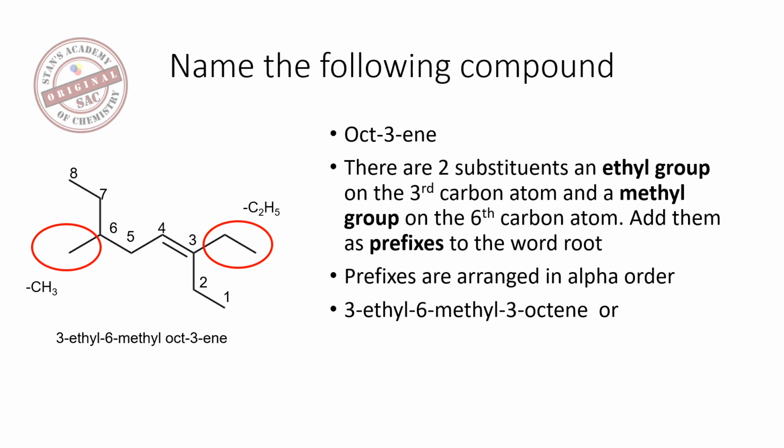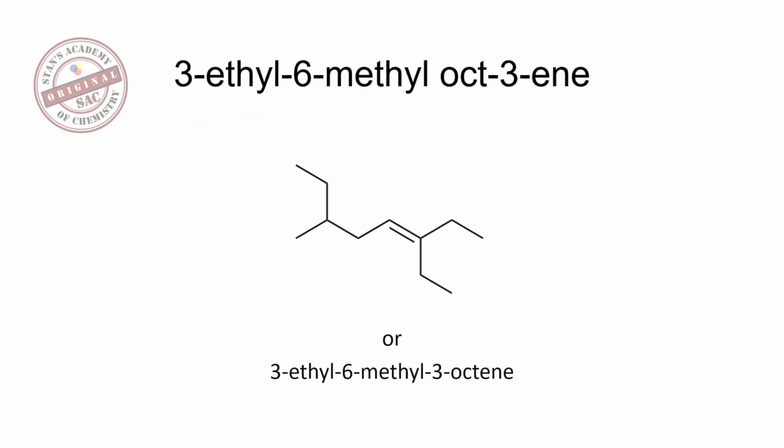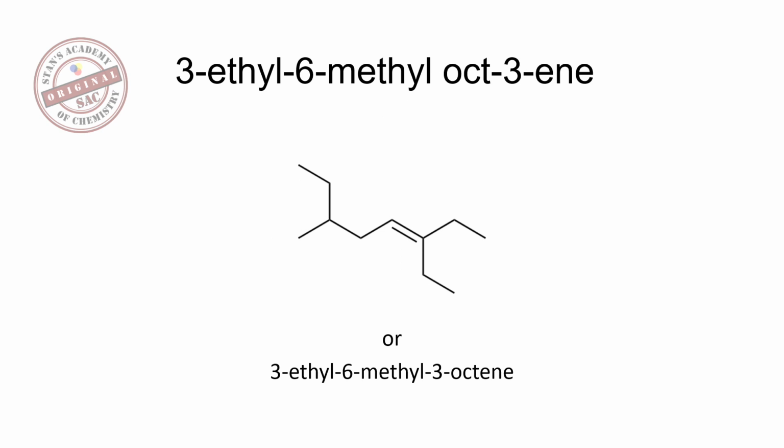So the name of the compound will be 3-ethyl-6-methyl-oct-3-ene, or 3-ethyl-6-methyl-3-octene. E comes before M, therefore we write 3-ethyl first and 6-methyl second. That's how you name a hydrocarbon.